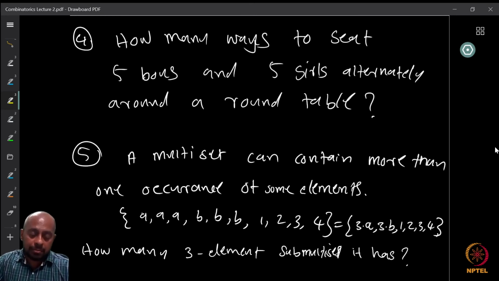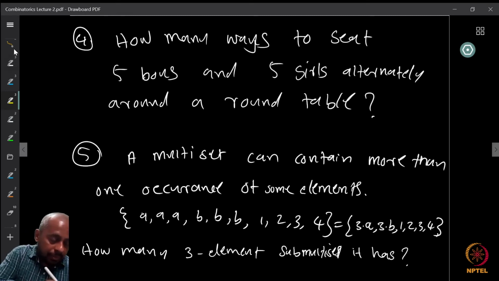a combination of them. Fifth question: a multiset can contain more than one occurrence of some elements. We already saw multisets, but let's say the multiset contains A, B, B, B, 1, 2, 3, 4. So A is appearing 3 times. I denote the multiset in the following way.